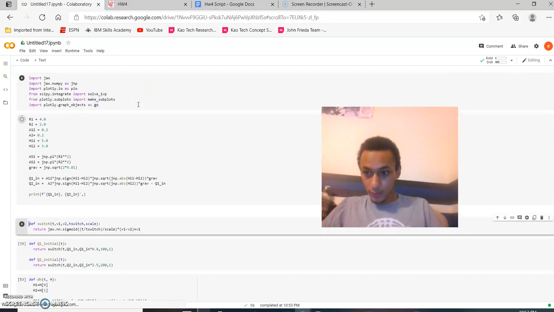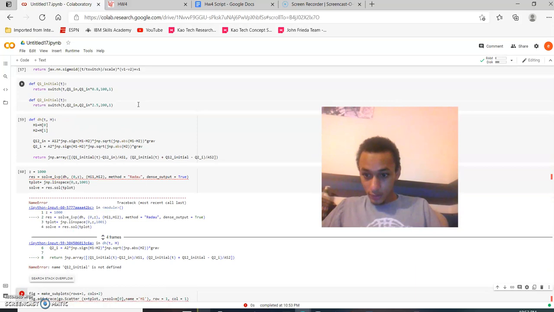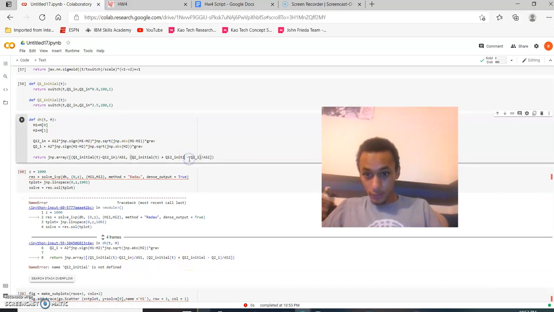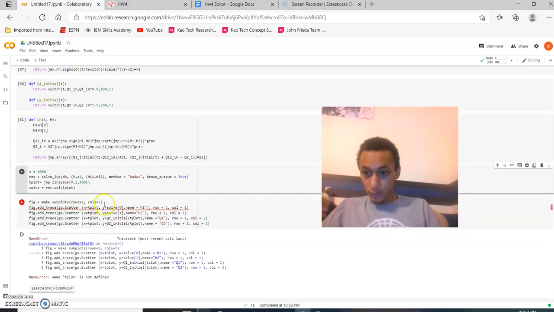So shift enter, shift enter, shift enter. And Q2 initial isn't defined. Yeah, because it isn't. It's Q1N.